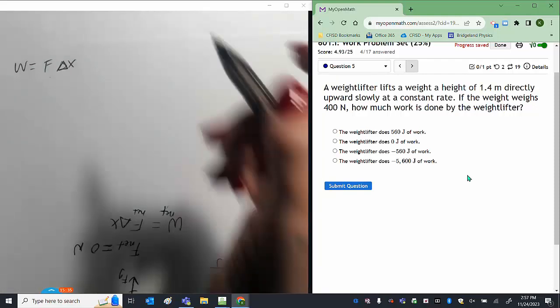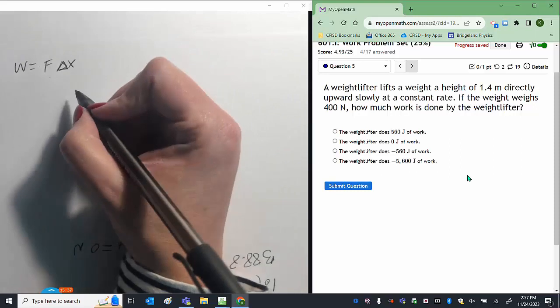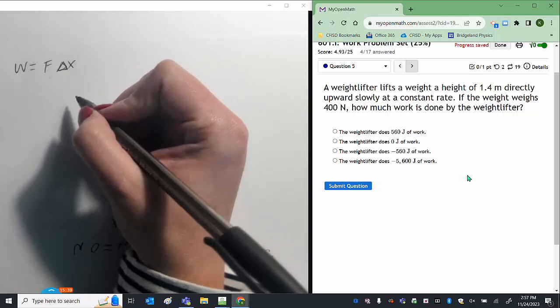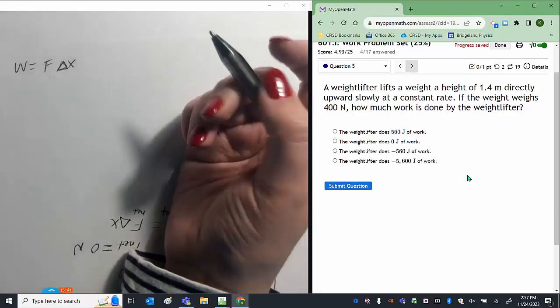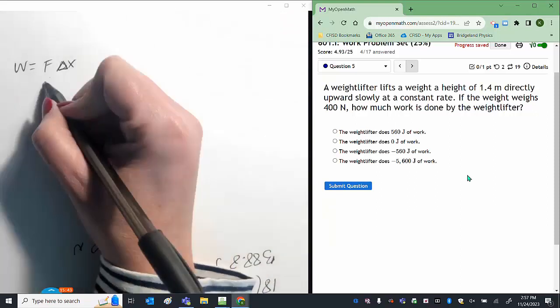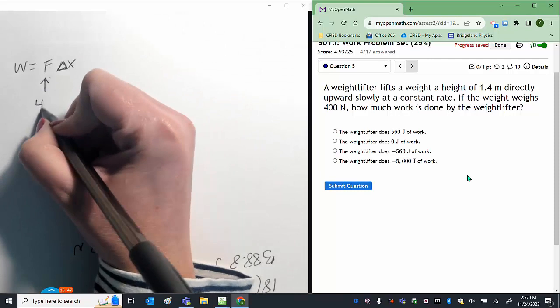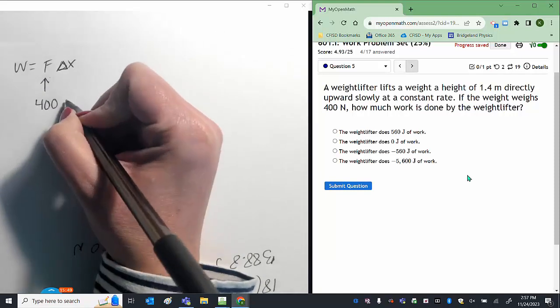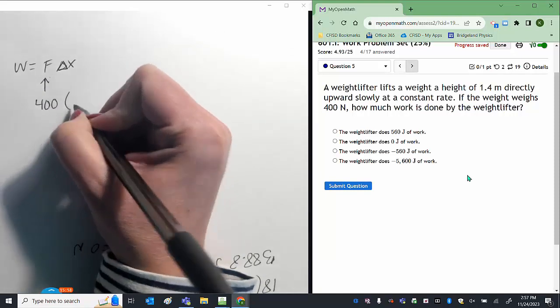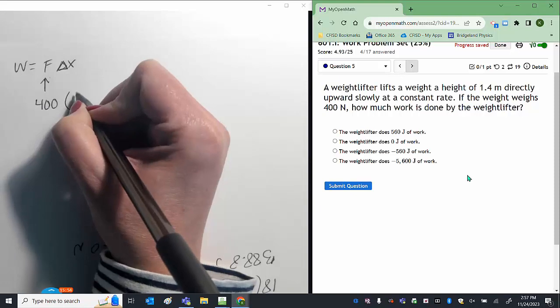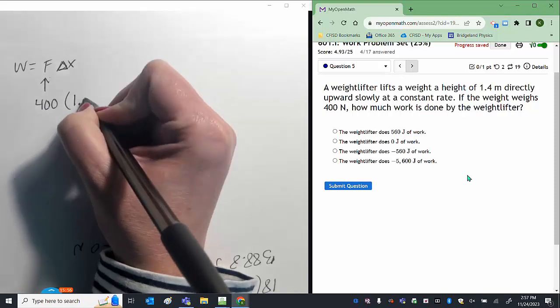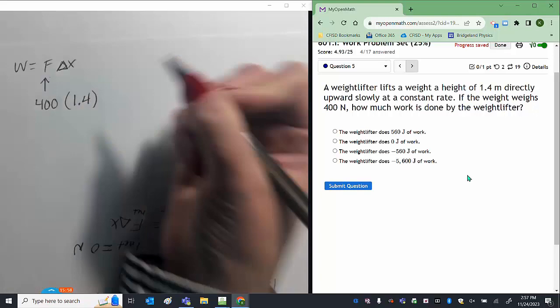The weight is 400 newtons, so 400 newtons of force must be applied to lift it, through a displacement of 1.4 meters.